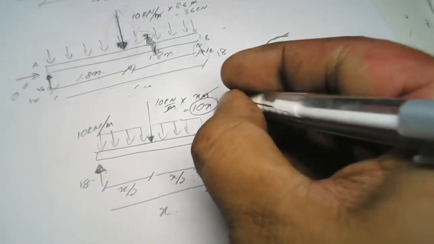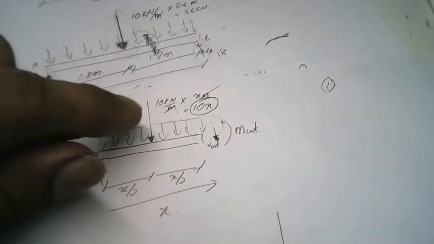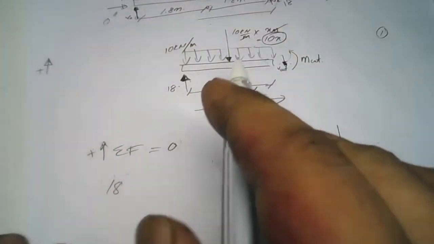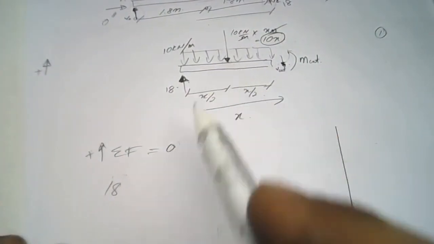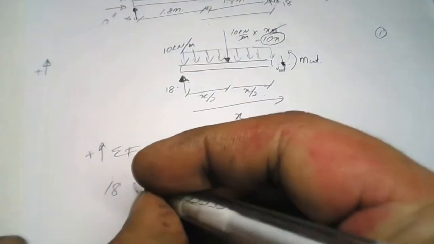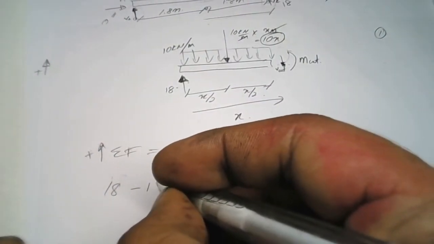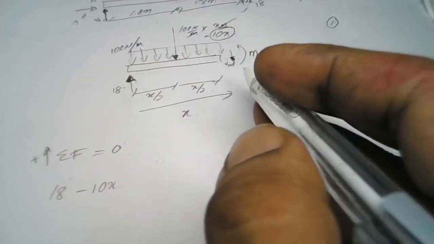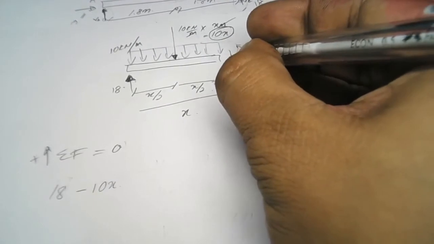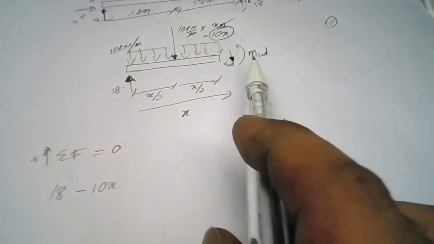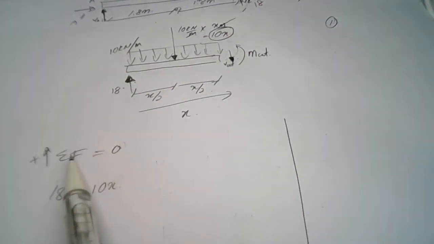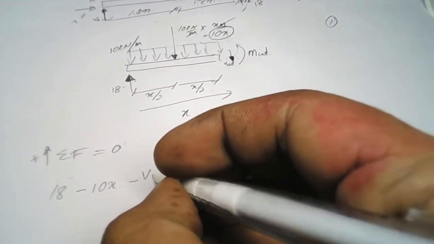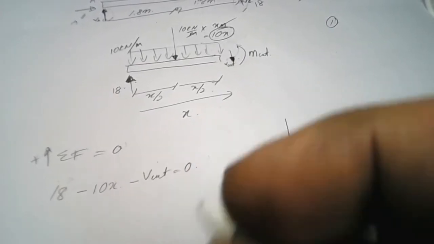This is the value for our representative force. It's a downward direction, against what we have declared, so it becomes negative 10x. Then the cut here is also a downward direction, against what we have declared, so we get negative V cut equal to 0.